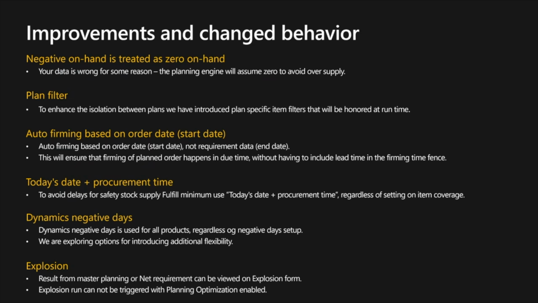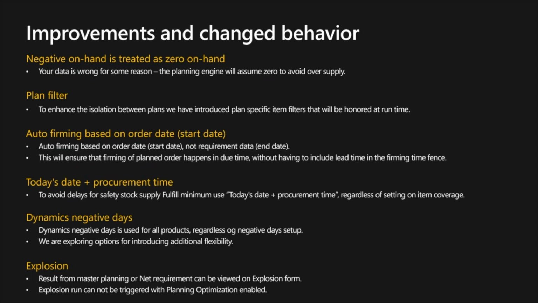The next thing that changed a bit is related to the negative days. Planning optimization always uses dynamic negative days regardless of the setup in your system. This means that the negative days, which is basically the time it will look backwards to see if we can reuse some existing supply whenever we have to fulfill the demand.